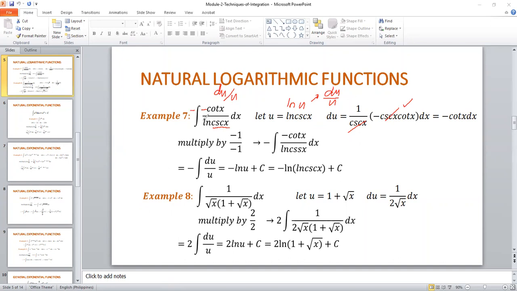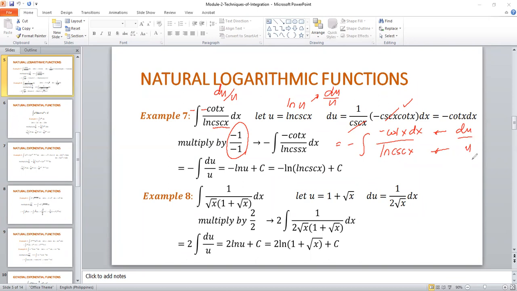So if we will properly write this one now, it would be something like this. You have here the negative 1 over 1 already. And the way I write it is negative integral of your u, which is ln of cosecant x, and its du, which is negative cotangent x dx. So this is du over u. So if it's du over u, then what is the answer to du over u?